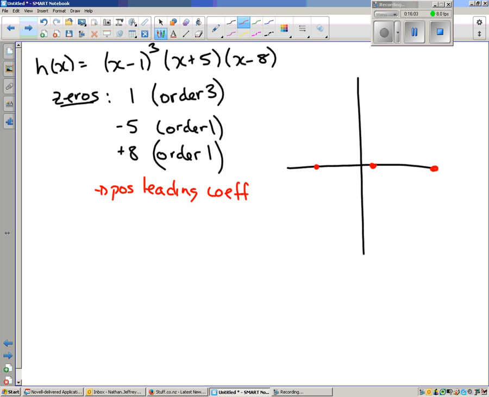Is it going to be cubic? If we expanded this all out, yeah, quintic, it's going to have degree 5. Putting those together, what can you tell me about the end behavior for that function? So it's a positive leading coefficient, has degree 5, so it's going to go from 3 to 1.